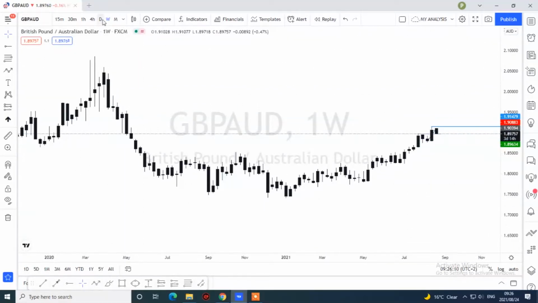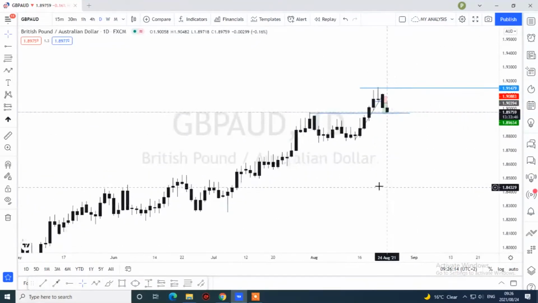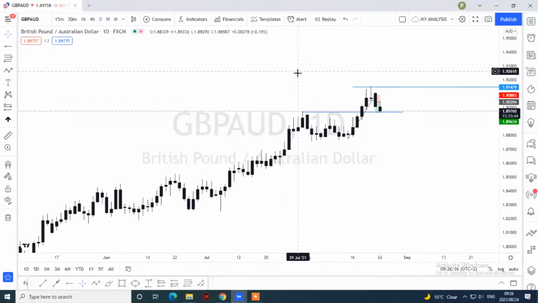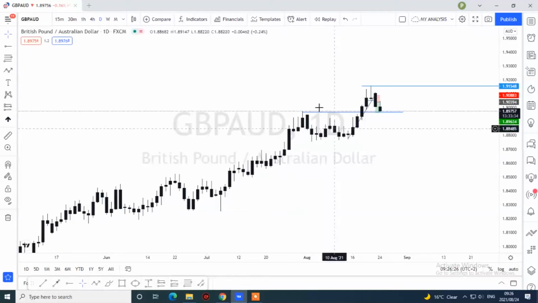So let's go down to the daily time frame and see what's happening here. This is where we marked our high. Remember I told you guys that you have to move to a lower time frame to see exactly what's happening in the market.